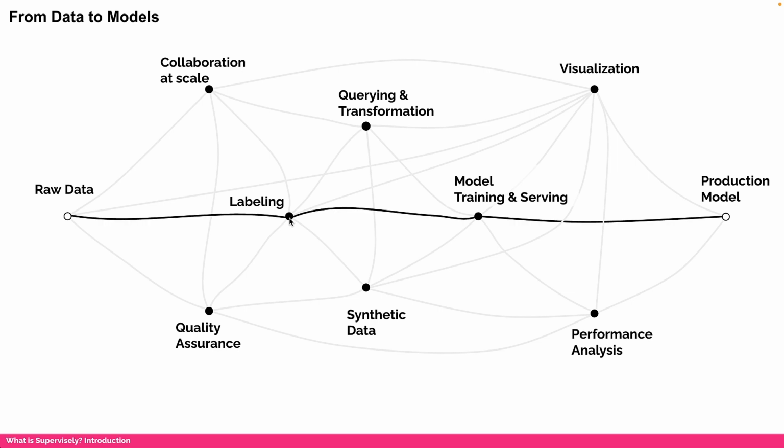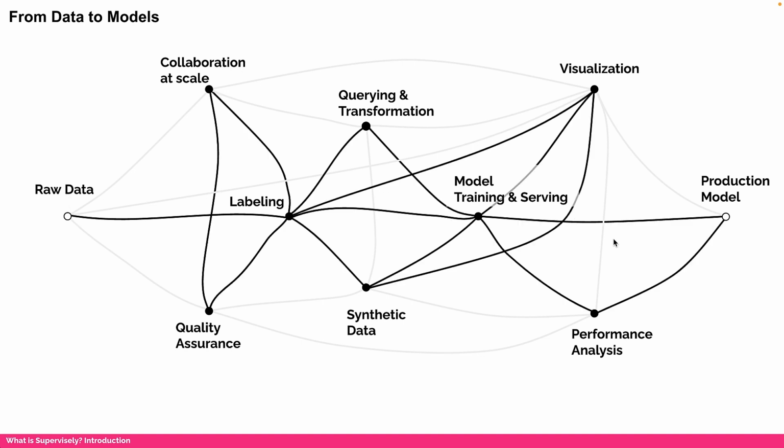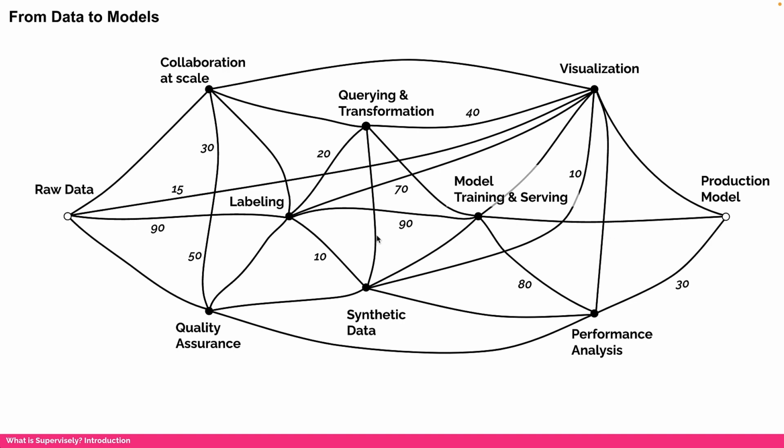It's extremely rare that we see a straight path from raw data to production model. Usually we travel through this graph quite a lot, and sometimes even multiple times back and forth before we actually go all the way from raw data to production model.